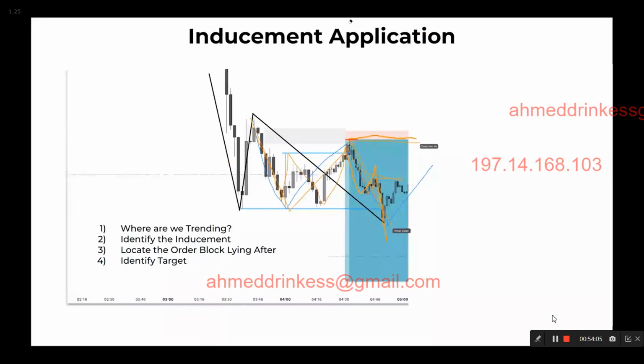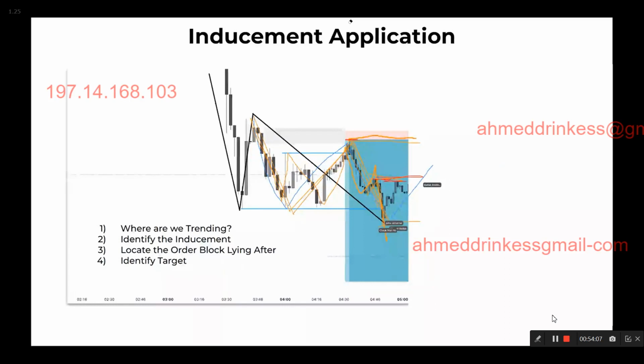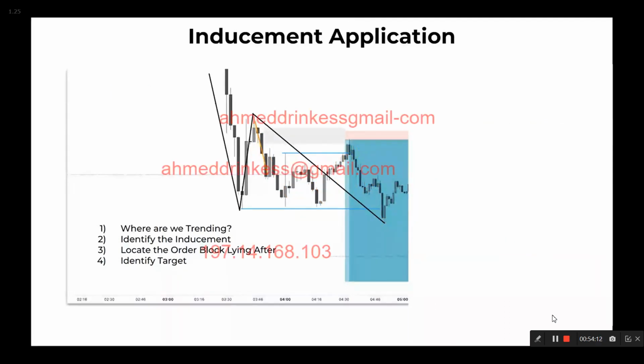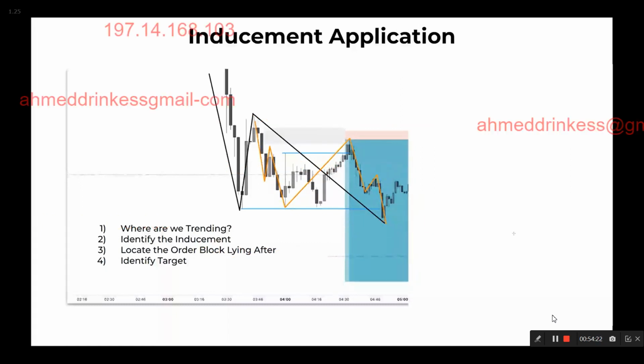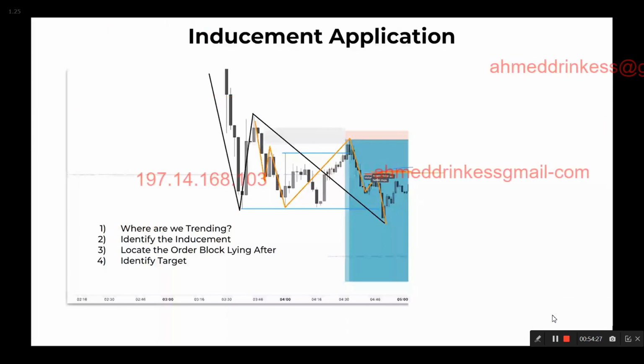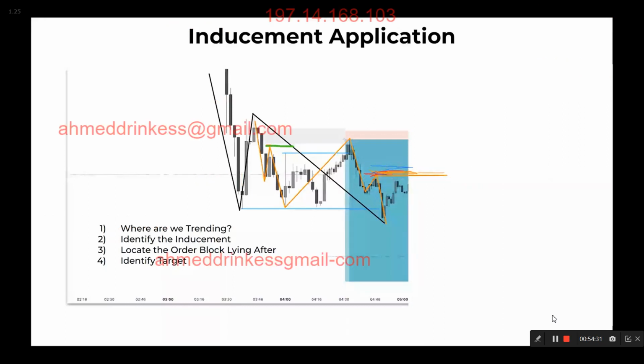All right. So if the internal points look like this, because you have something that looks like this, this, this, this. Where's the inducement within our new range? It's right here, because this was already mitigated.